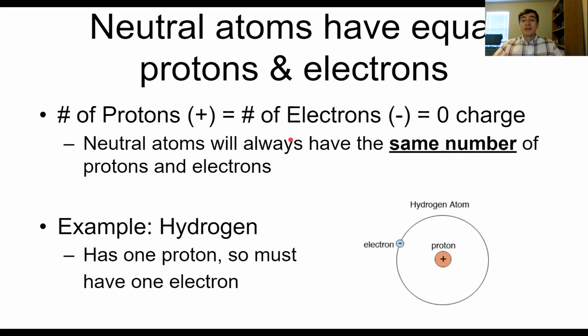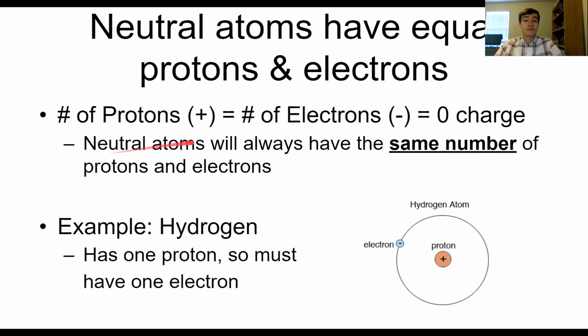There are some atoms that naturally like to have more electrons than protons, so they have an overall negative charge because there's more negatives than positives. But we're not really going to deal with that in this class, at least for the next week or two. We're going to be considering neutral atoms, which are balanced, totally equal protons and electrons.